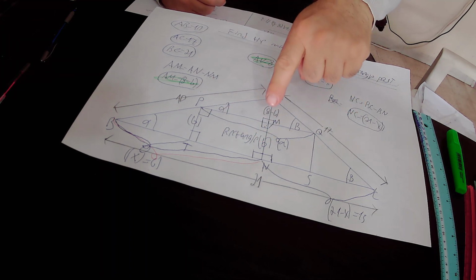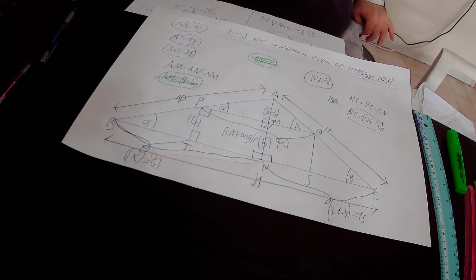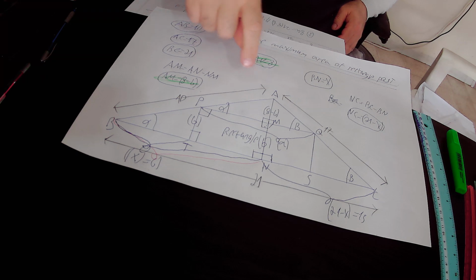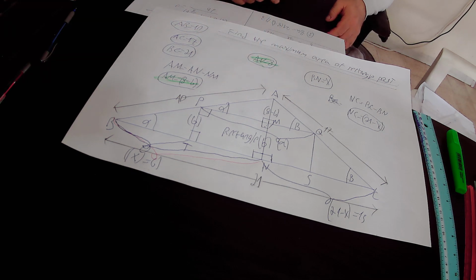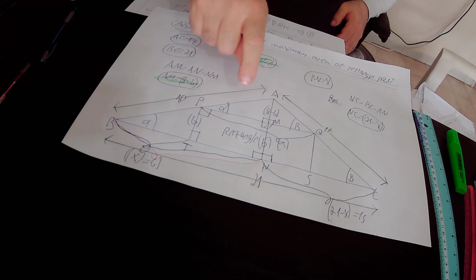Therefore, this fourth angle must also be equal to 90 degrees, according to the rule that the sum of the angles in any quadrilateral is equal to 360 degrees. So inside the small polygon PMNT, we have 4 right angles, and according to rule 6, any polygon that has 4 right angles must be a rectangle, if not a square. So we conclude that PMNT is a rectangle because it has 4 right angles.